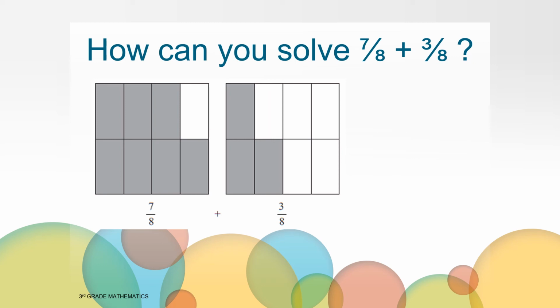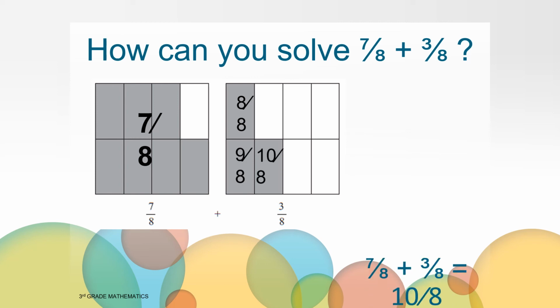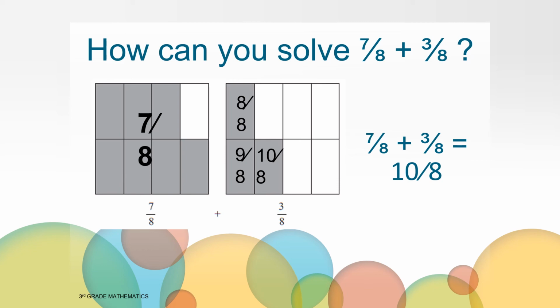One way to do this is to count up all of the eighths. Start with counting the 7/8 and then count on 8/8, 9/8, 10/8. So 7/8 plus 3/8 equals 10/8.